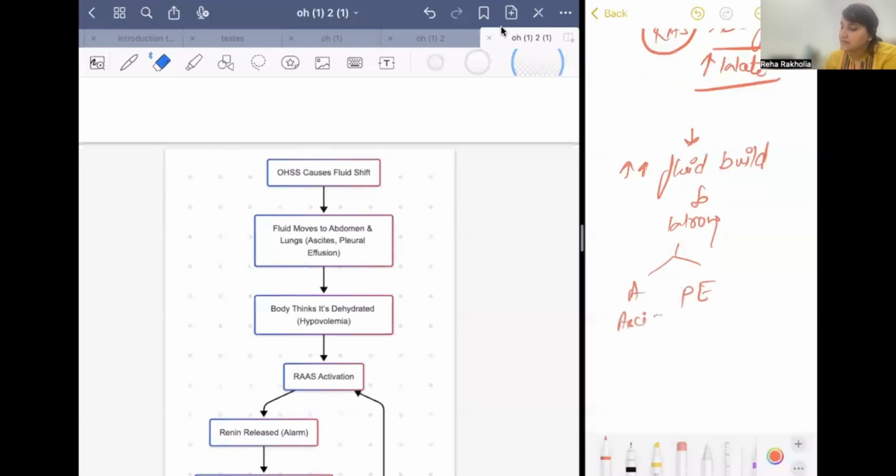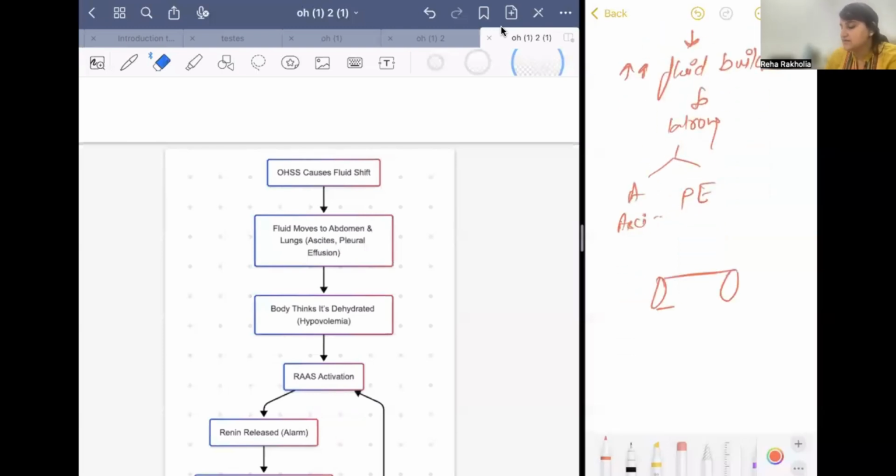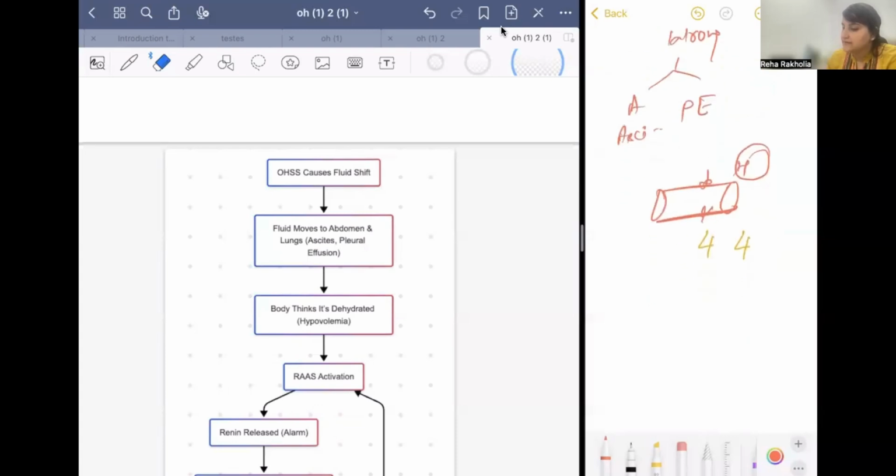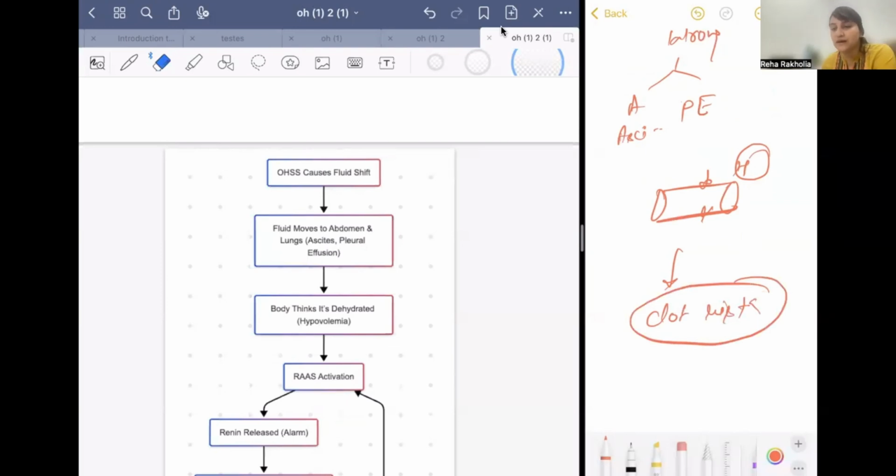And there will be blood thickening because of the vasoconstriction. Hemoconcentration will be there, which can increase the clot risk. So RAS tried to correct dehydration but ends up making OHSS symptoms worse by retaining more fluid.